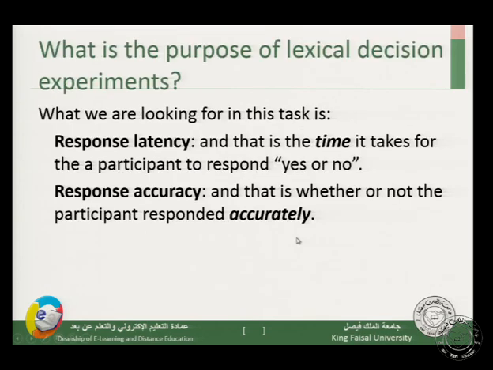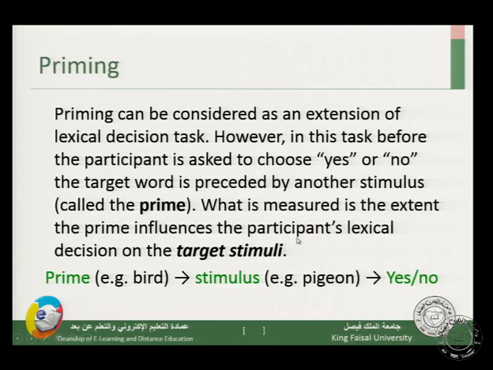For example, before you are given the stimulus, which is the word pigeon, in Arabic the pigeon is known as hamama. So before the respondent taking the experiment has to decide on the word pigeon, first he is given a prime.